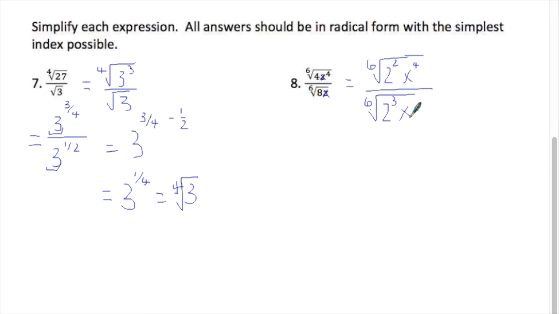Now let's convert these all into rational exponents. So we get 2 to the 2/6 and x to the 4/6, divided by 2 to the 3/6 and x to the 1/6.